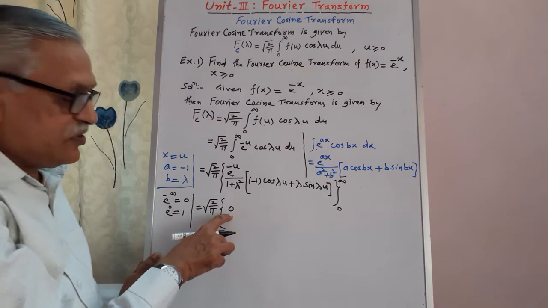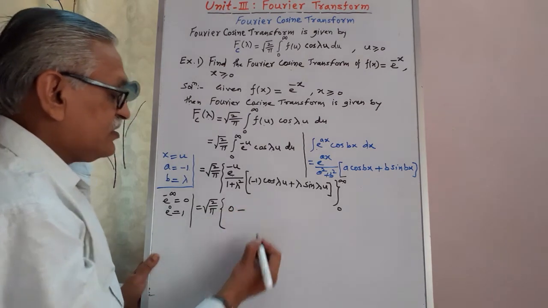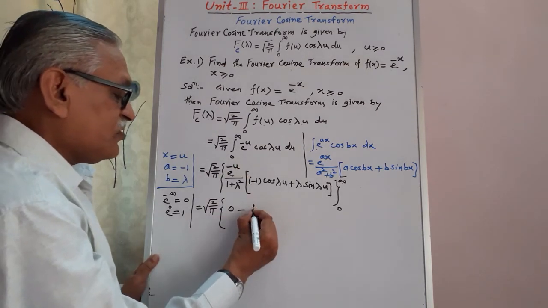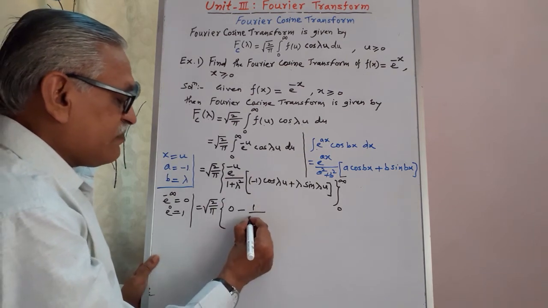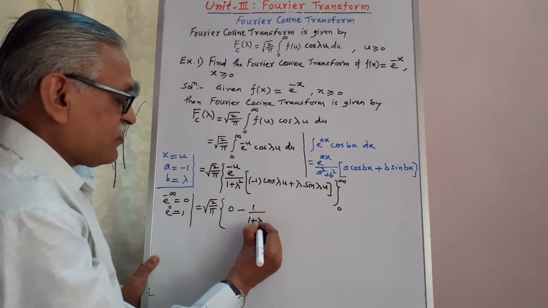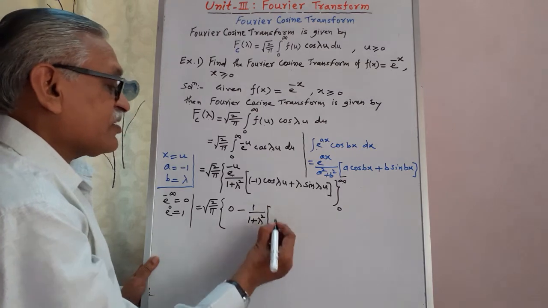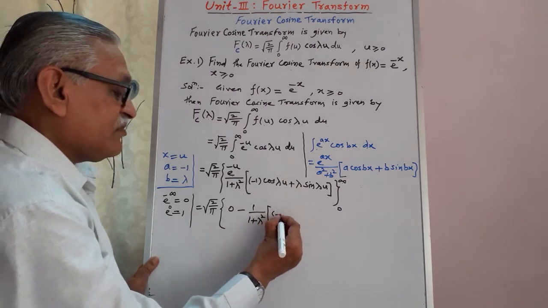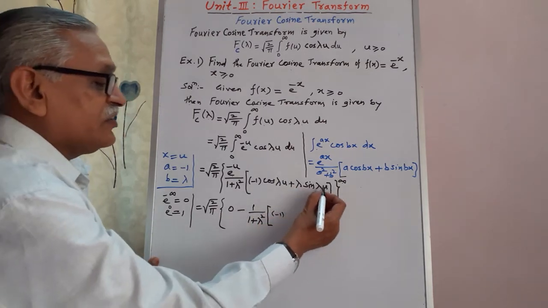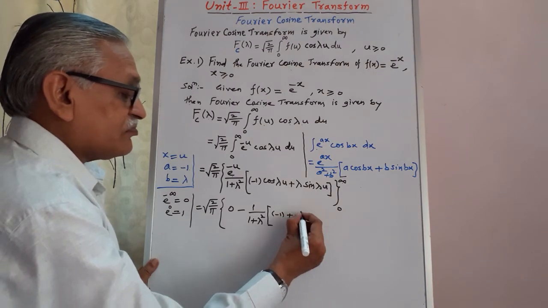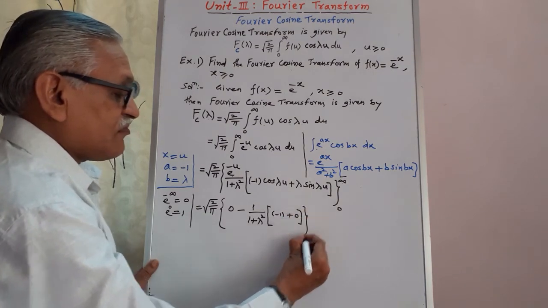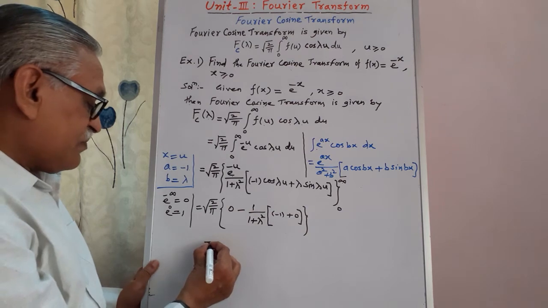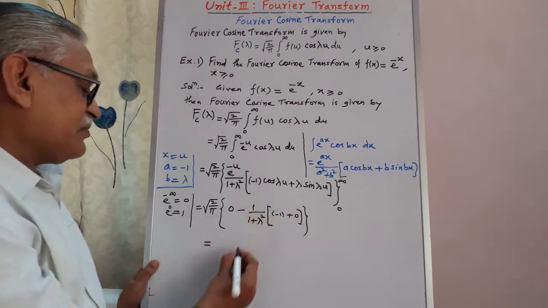For the upper limit we get 0, minus the lower limit e raised to 0 as 1 divided by 1 plus lambda square. Cos 0 is 1, therefore minus 1. Sin 0 is 0. And therefore, if we simplify it, this minus minus will become plus.